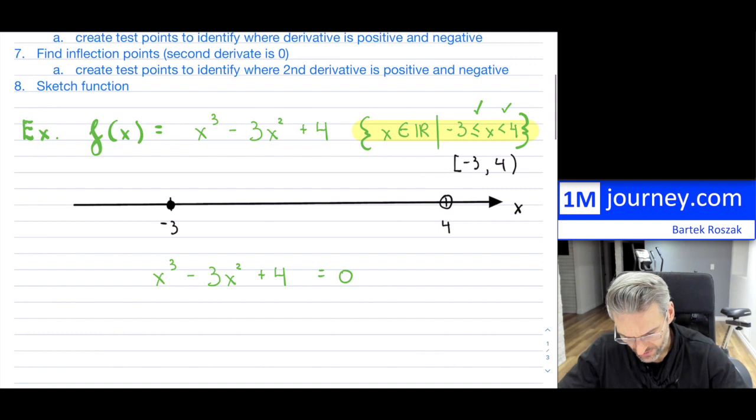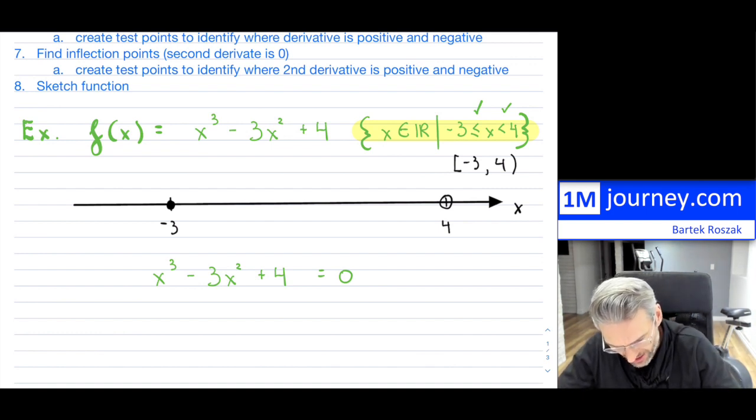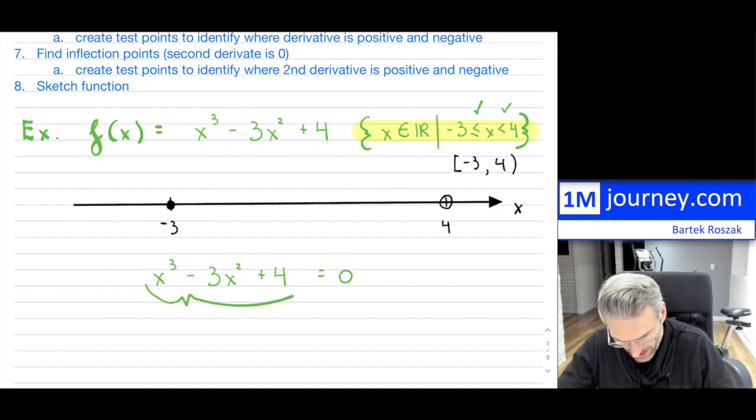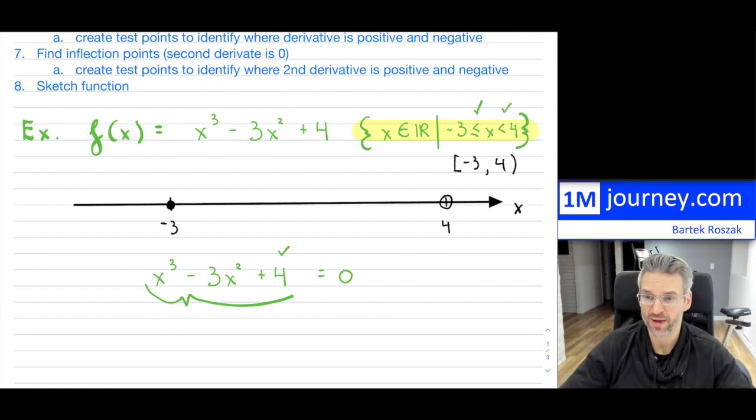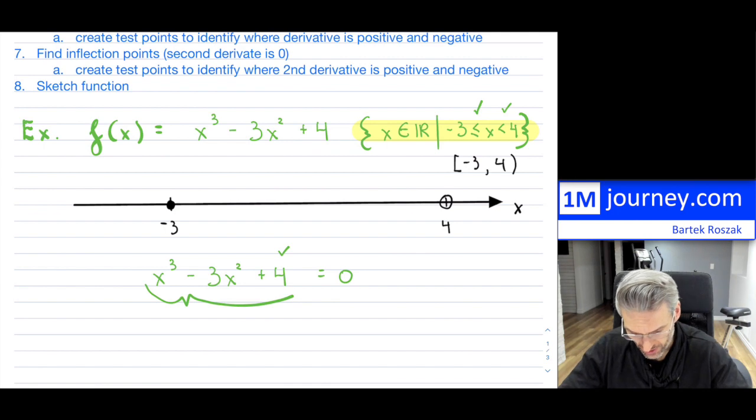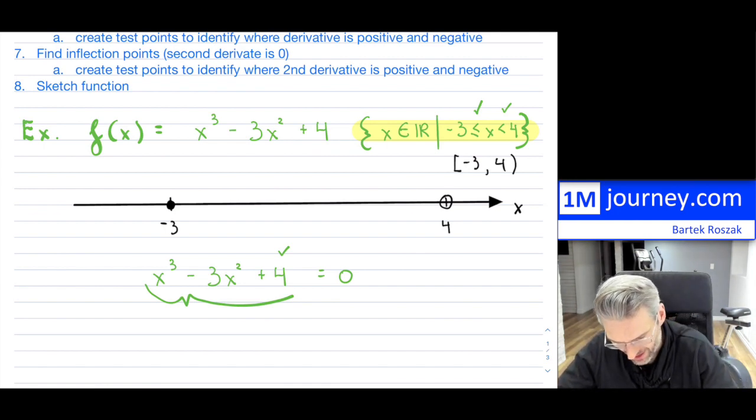So for instance, for this one, if I look at this, this is a 4, I have a 3, so I would use the remainder theorem to try to see if there is a root that I can spot. And I can actually spot one, and I believe it's going to be -1.